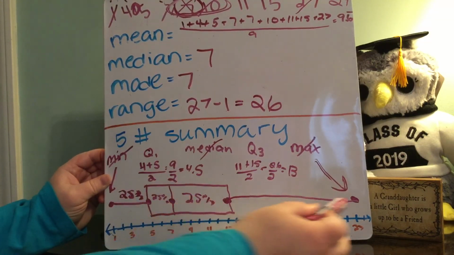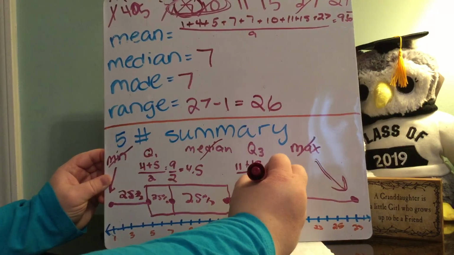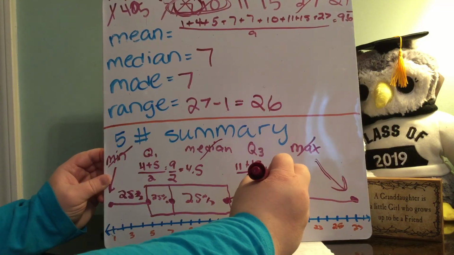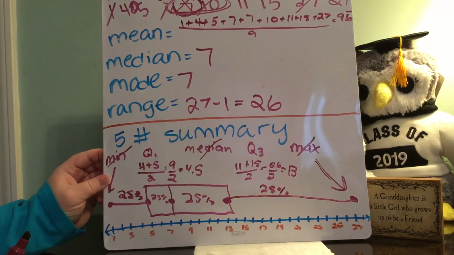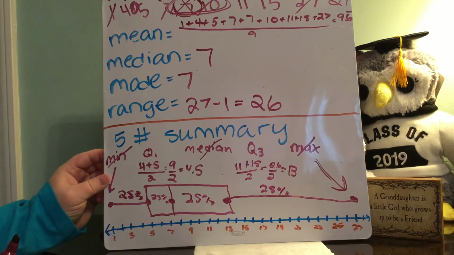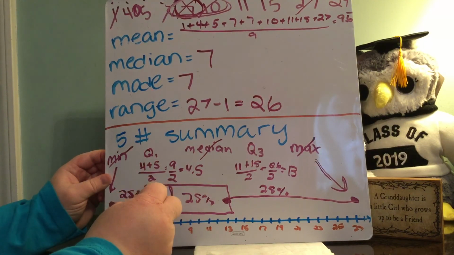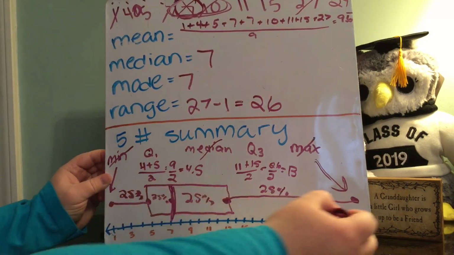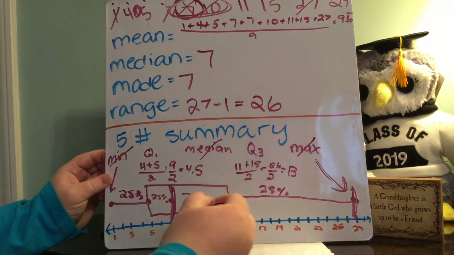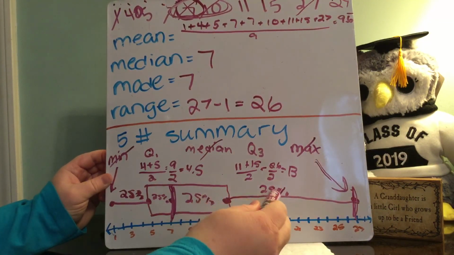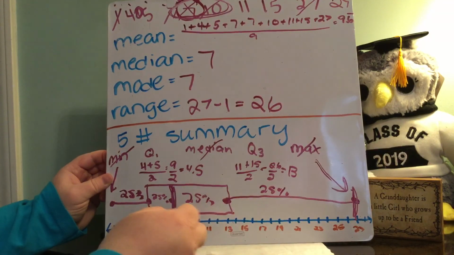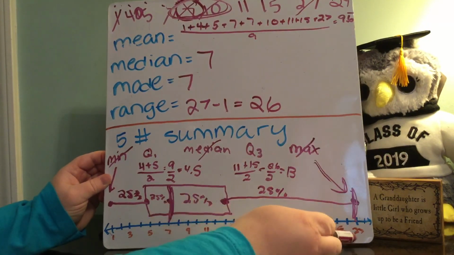And from quartile 3 to the max, we have 25%. So using that, we can determine how much of the percentage lies between what set of numbers. For our data set, we have our median of 7 and our max of 27. So 50%, 25 plus 25, lies between 7 and 27.